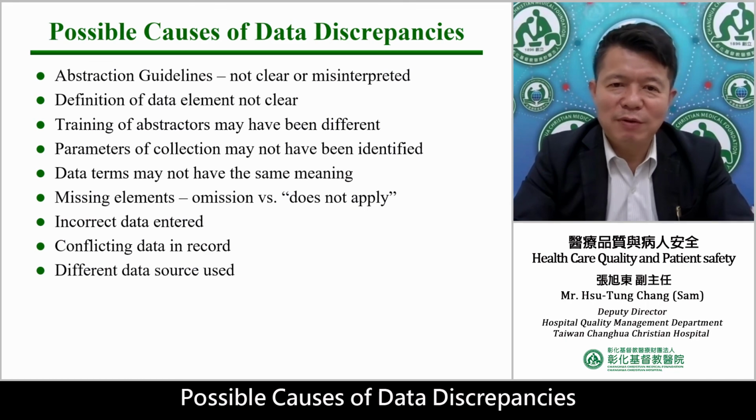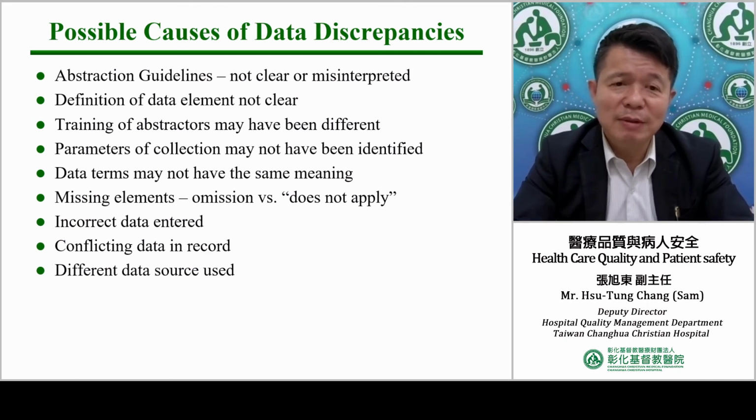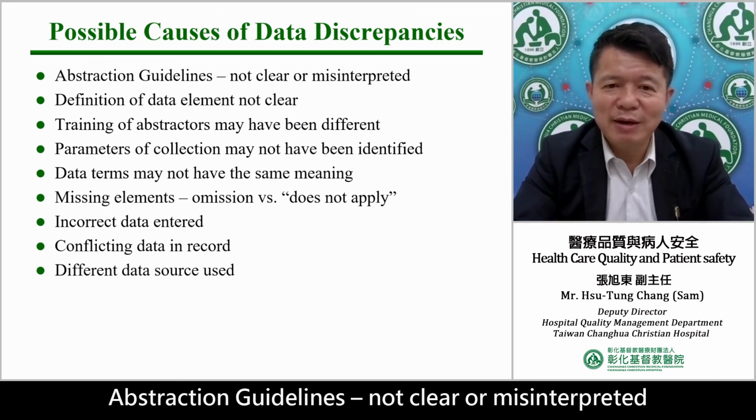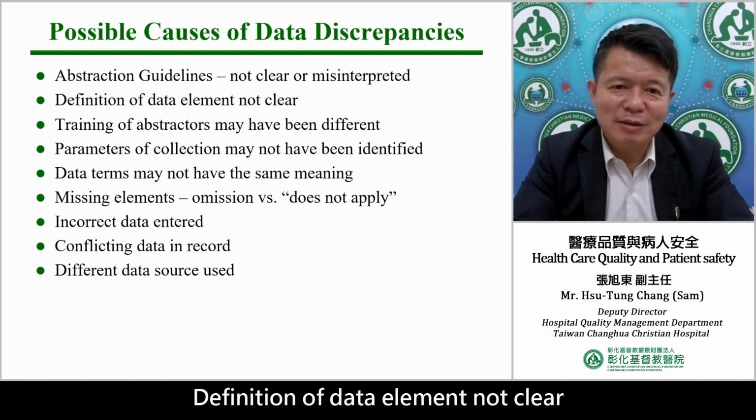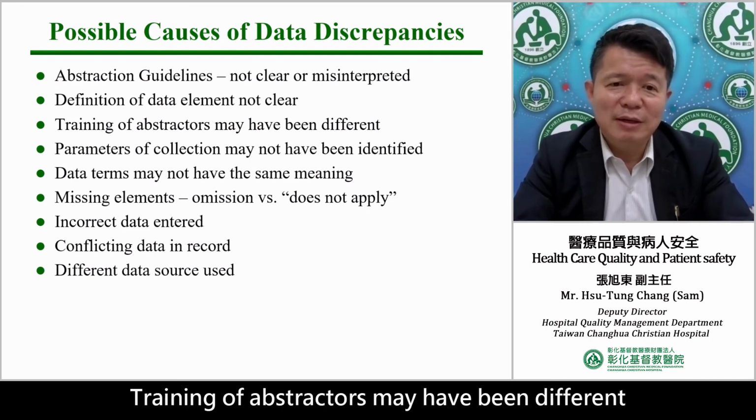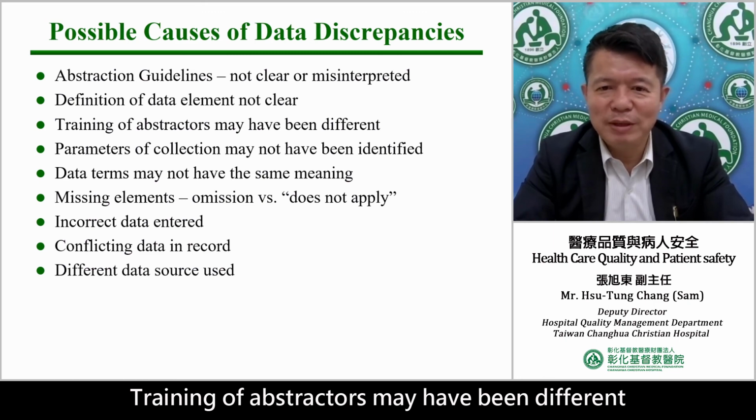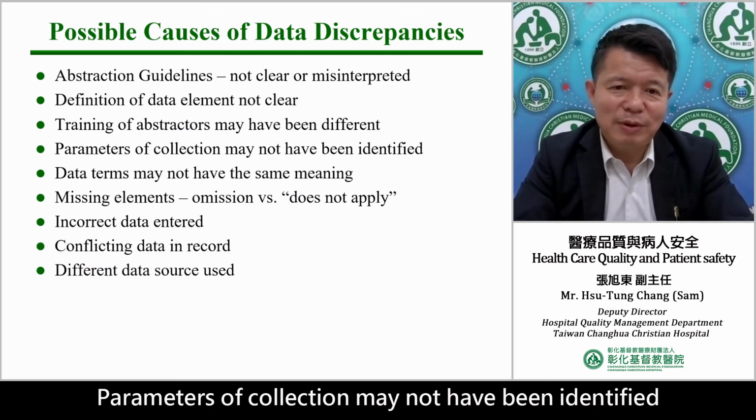Possible causes of data discrepancy: abstraction guidelines not clear or misinterpreted. Definition of data element not clear. Training of abstractor may have been different. Parameters of collection may not have been identified.